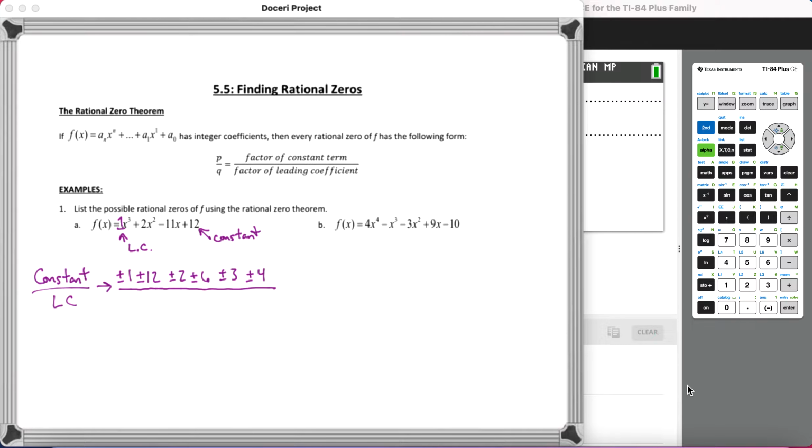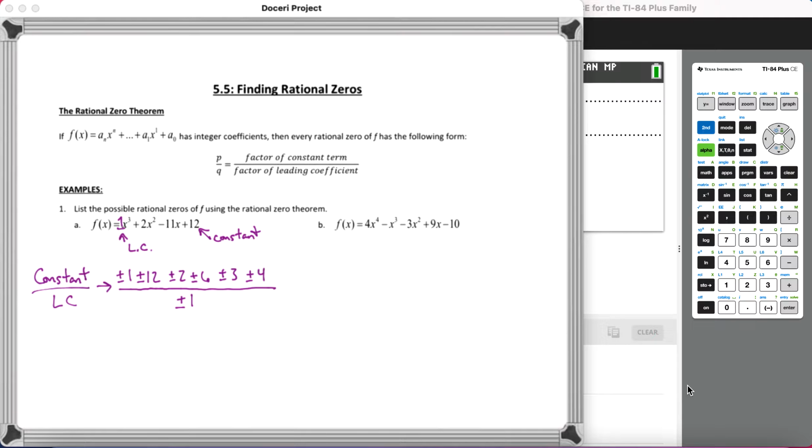Each of those has a plus minus sign with it because, yes, you could do 1 times 12 and get 12, but you could also do negative 1 times negative 12 and also get 12. So we are going to incorporate the plus minus sign with these because there are both positive and negative possibilities. The leading coefficient is a little bit easier because it is 1. The only factor is 1, plus and minus 1 to be specific.